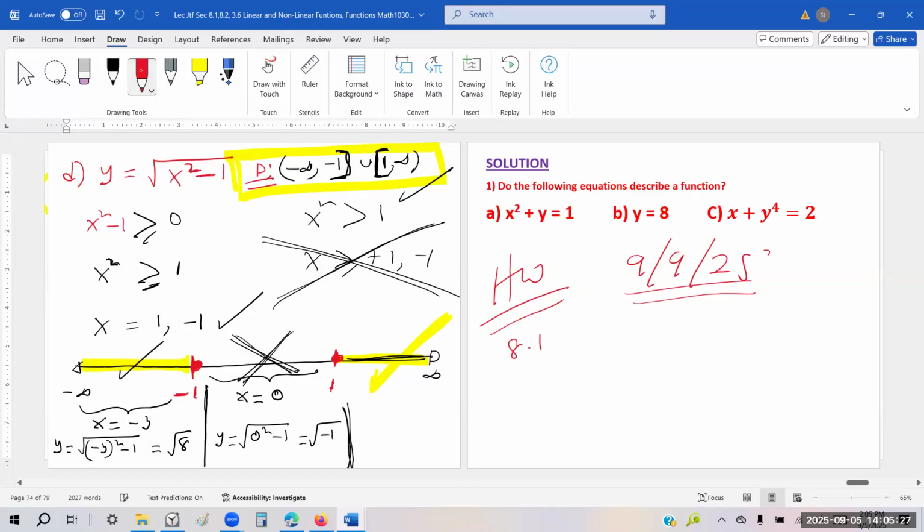You have 8.1, 8.2, 3.6 homework, but there is only one quiz online, which is 8.1 and 8.2. Since 8.1 was due next Tuesday, we have chapters like 8.2, 3.6. And in class, you're going to take a quiz based on the domain.